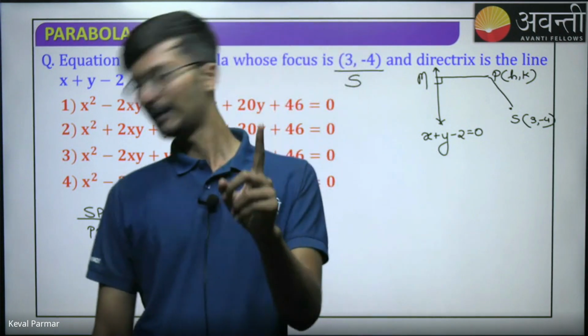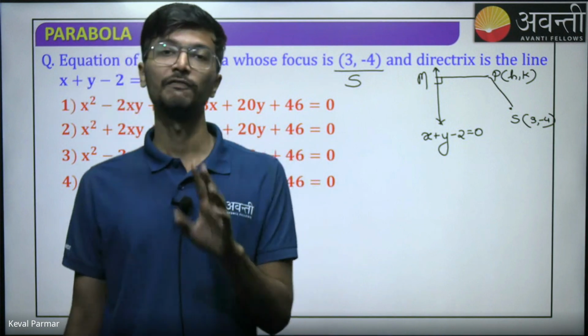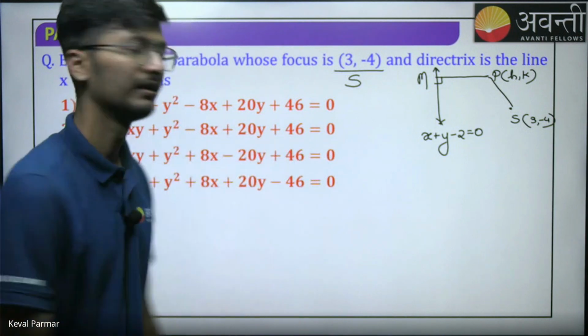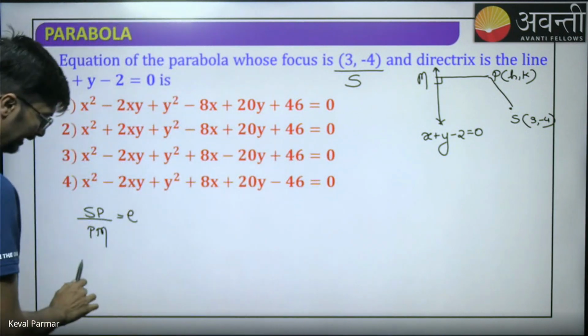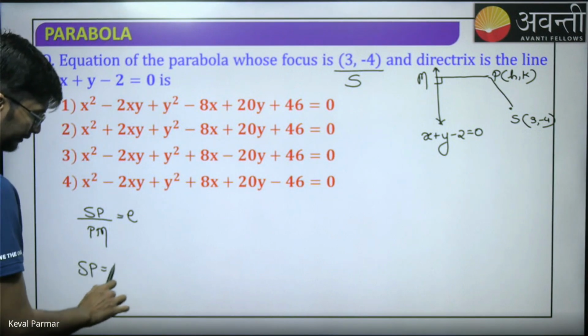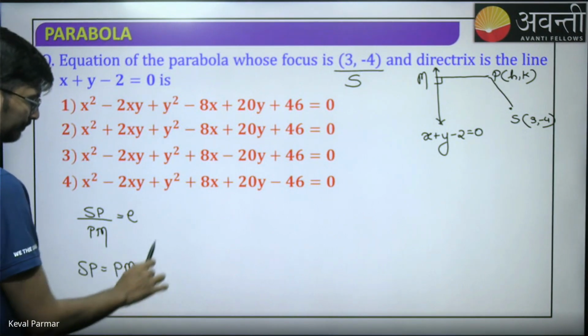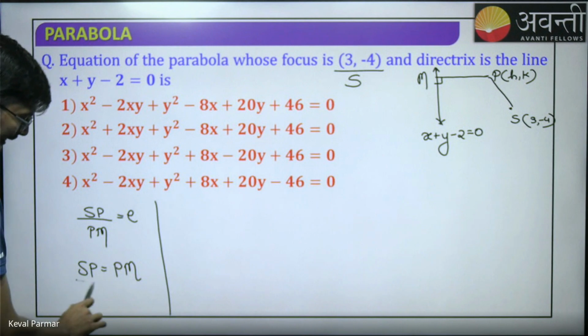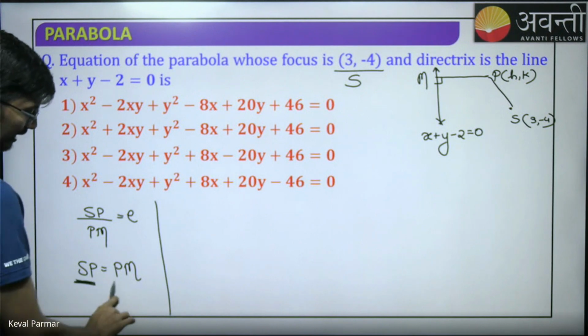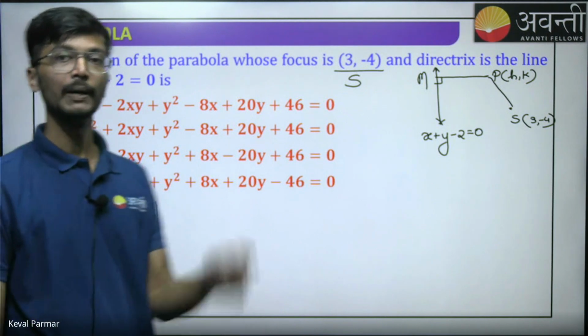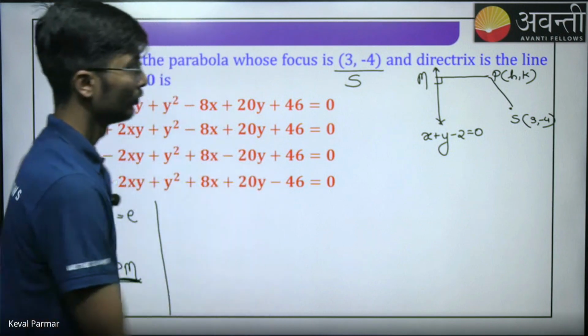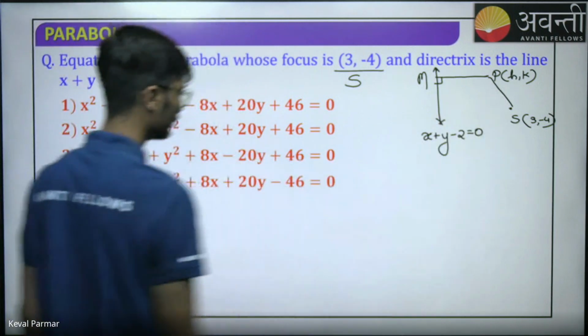For the case of parabola, we have e equals 1. So if e equals 1, I'll get SP is equal to PM. How to get SP? Use the distance formula. How to get PM? Use the perpendicular distance formula.